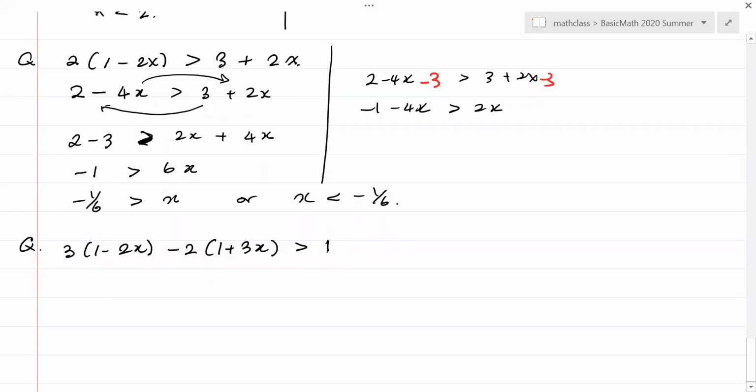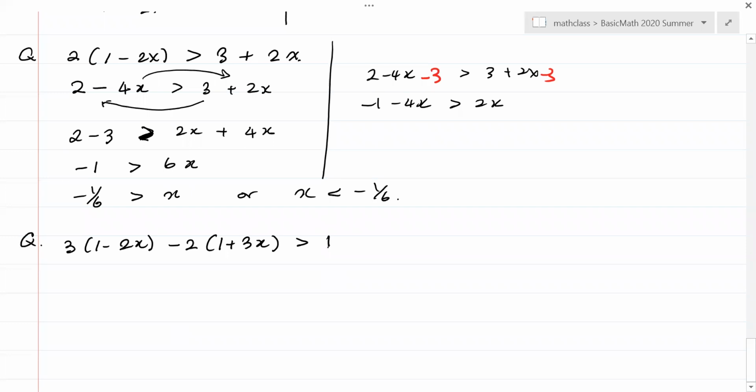Otherwise you can have no solutions maybe. All right, try this. The answer will be x is less than or greater than, I don't know, some fraction.